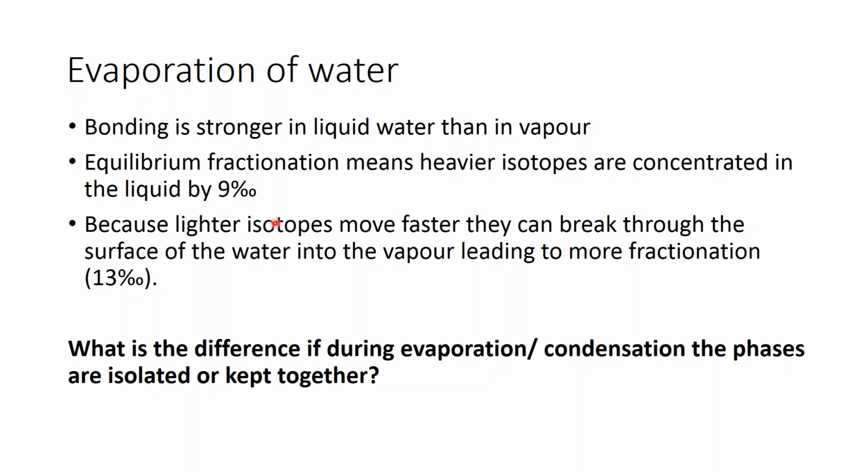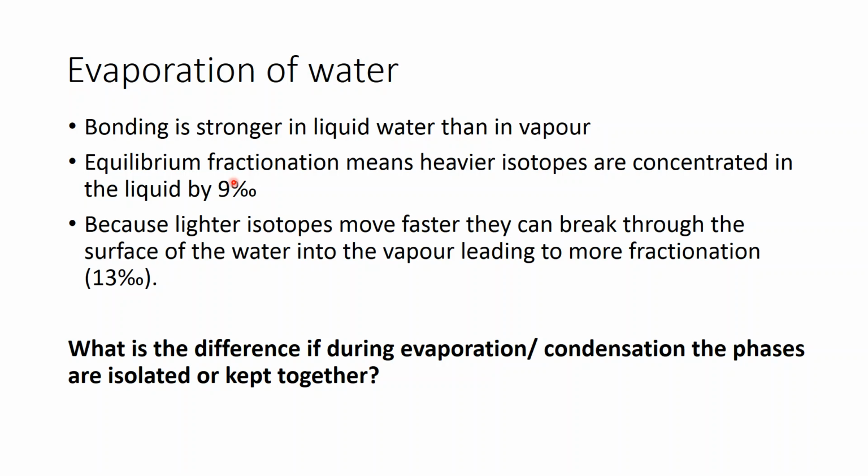In reality, in nature, that fractionation is slightly larger because the process is not always at equilibrium, so there may be a small amount of kinetic fractionation as well, but between 13 and 9 per mil is what we might expect in the environment. So if we evaporate some water, the water vapor would be expected to be approximately 10 per mil enriched in the lighter isotopes.